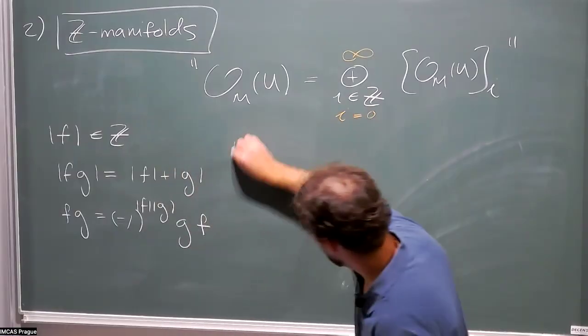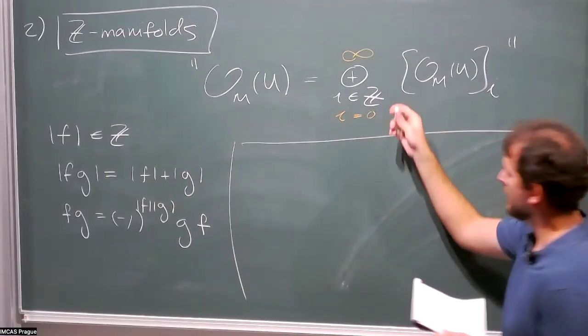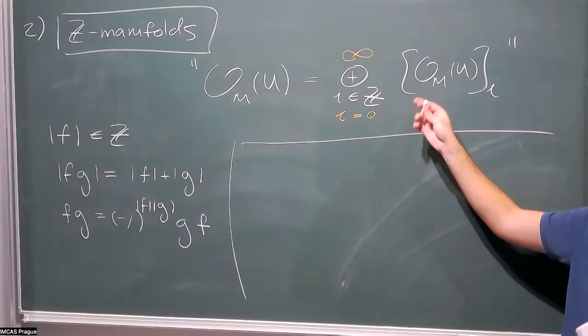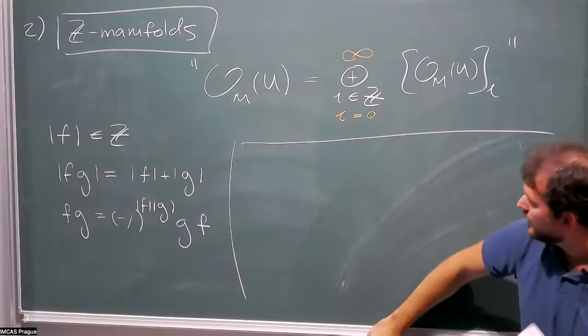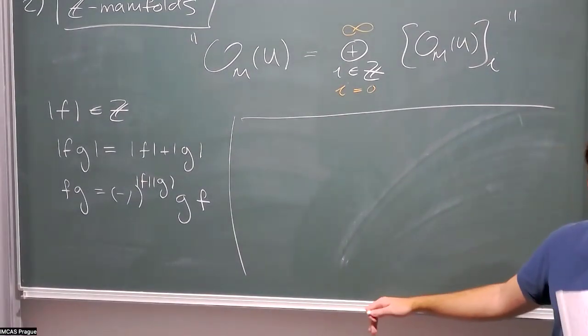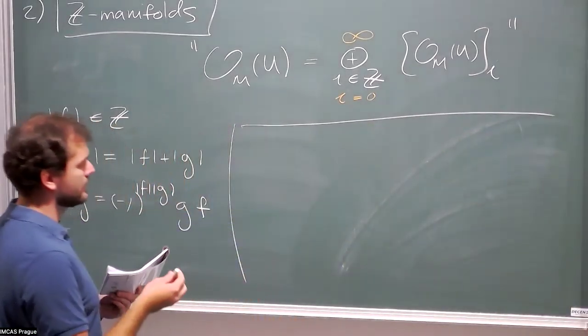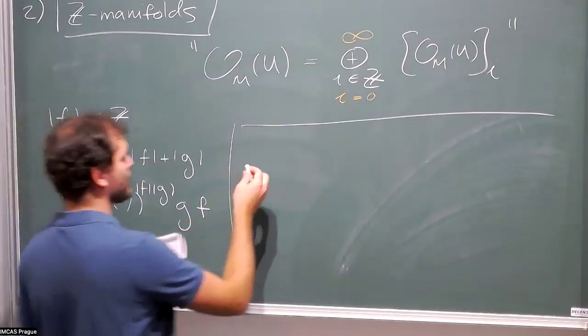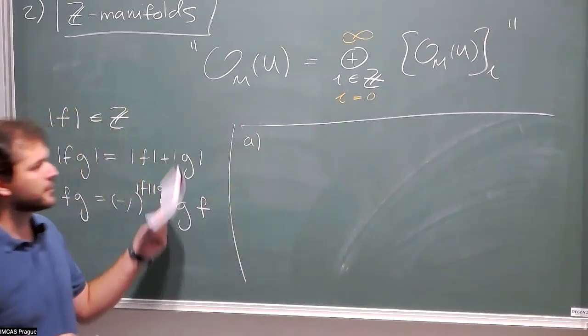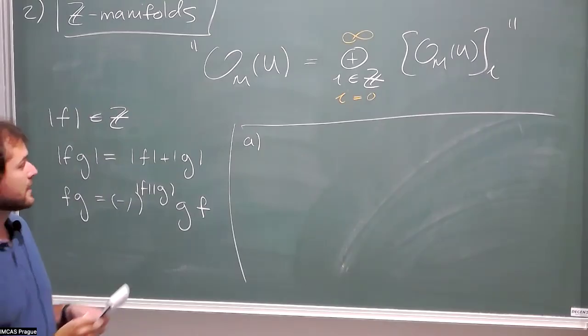So this is it. Just a side remark on how one can make this work. There's more than one approach. The usual, most liked approach is one that works for just non-negatively graded manifolds.